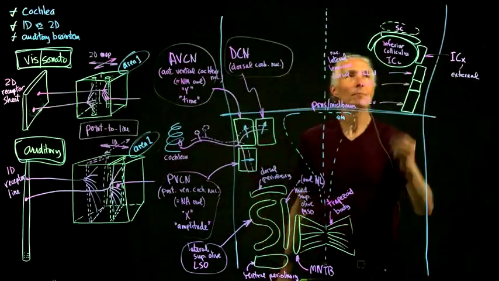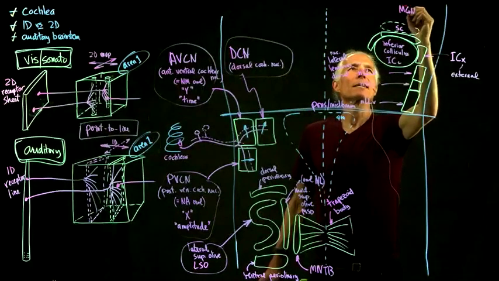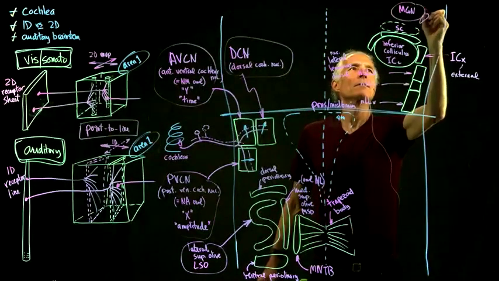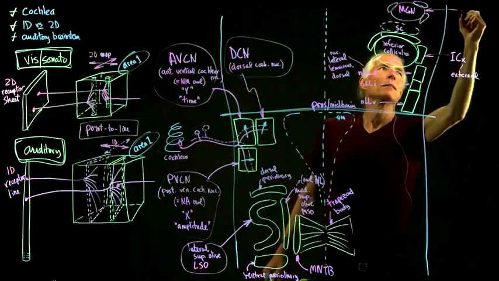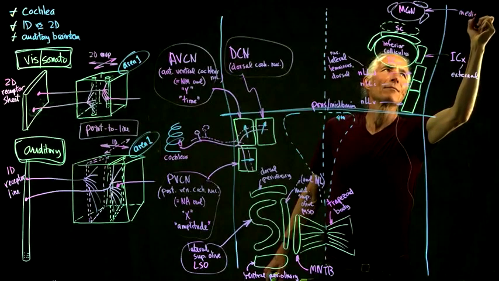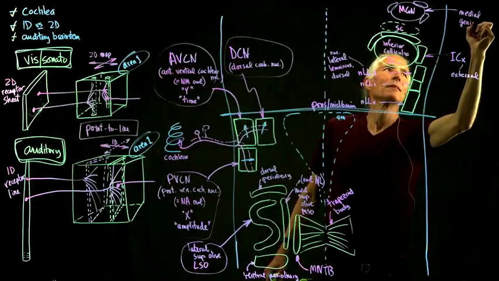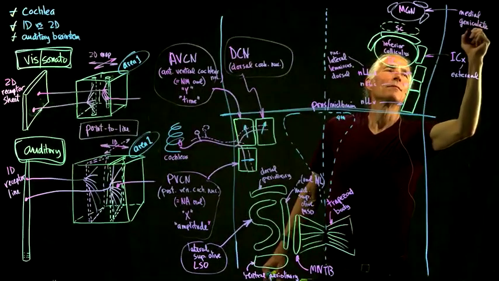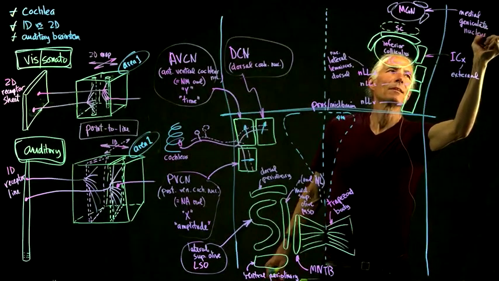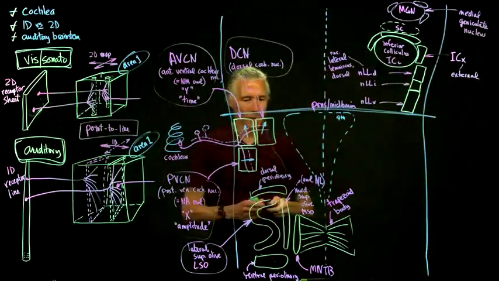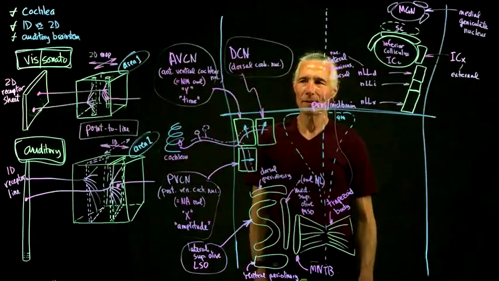And then last but not least, we get up to the medial geniculate nucleus. It has several parts, which we'll talk about later. Remember, the lateral geniculate nucleus was the one for visual. So this is the medial geniculate nucleus for auditory. But look at how many parts you've got down here, way more than in the visual system.